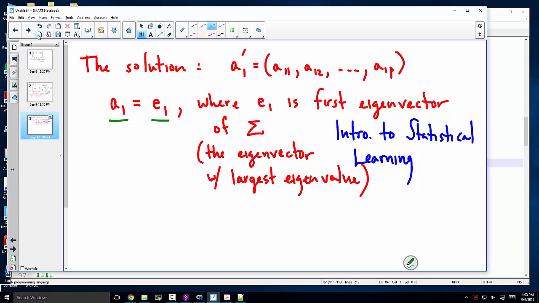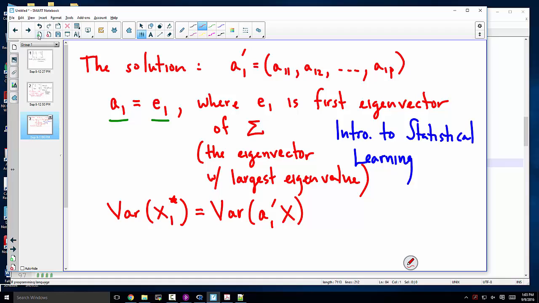And what we said the task was to pick A1 such that the variance of x1 star, which we can write now as variance of A1 transpose x. A1 transpose is a 1 by p vector.